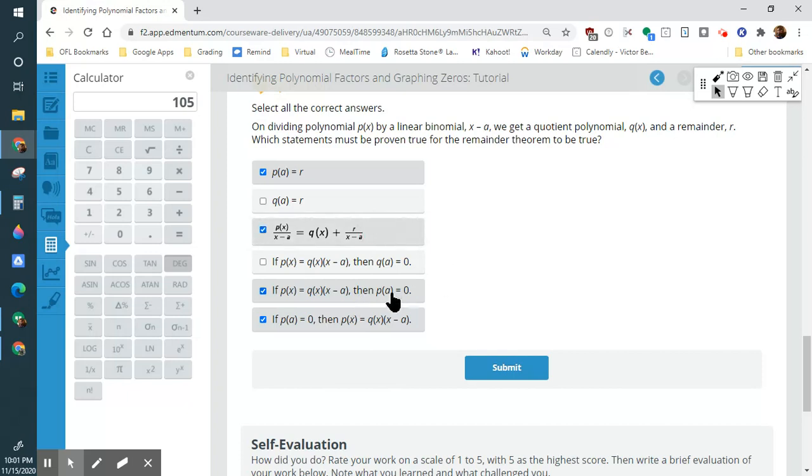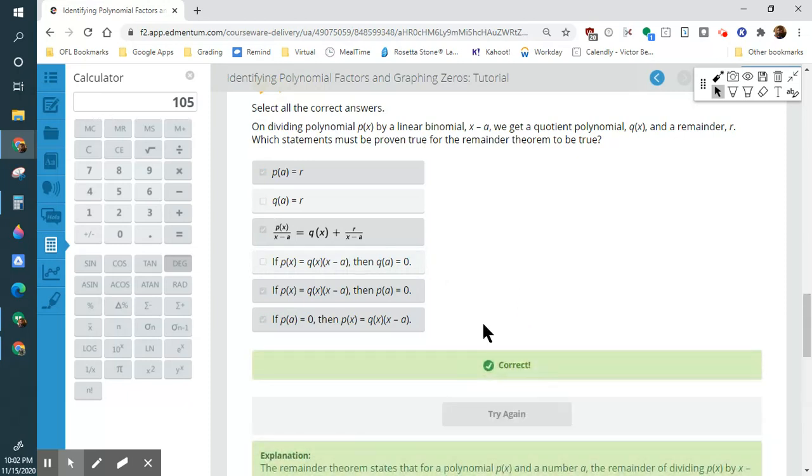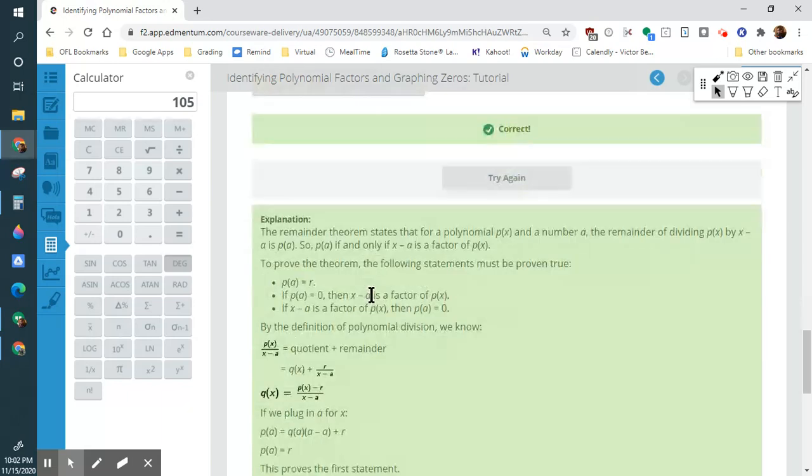And that makes sense. Then Q. Yeah, this one doesn't make sense. If you plug in A into the remainder, the quotient, that doesn't make any sense. All right, so I just forgot. I didn't realize it's an if-then statement, so it works both ways.